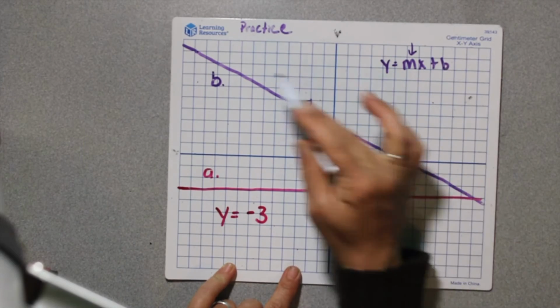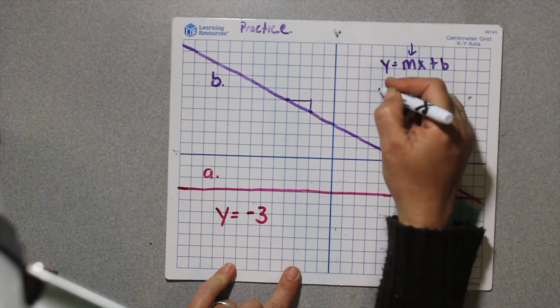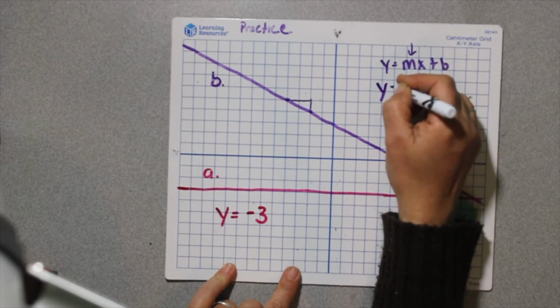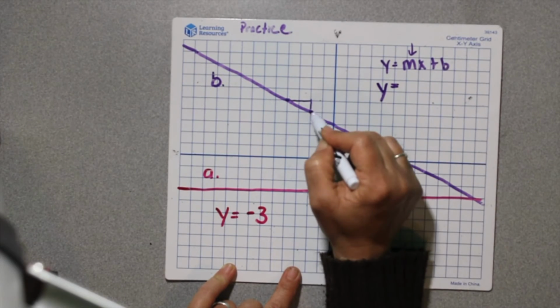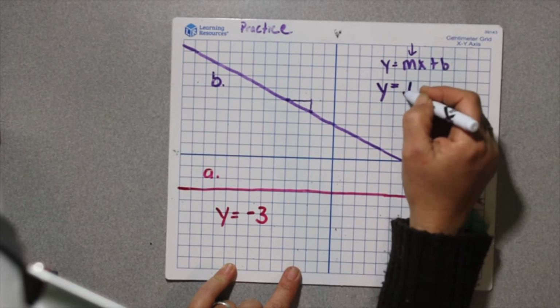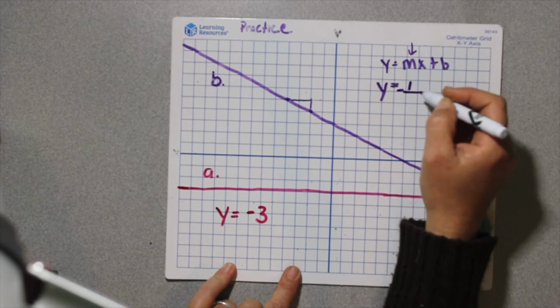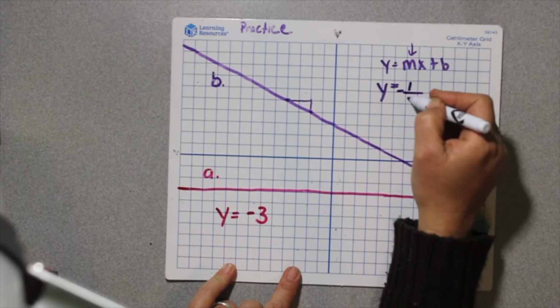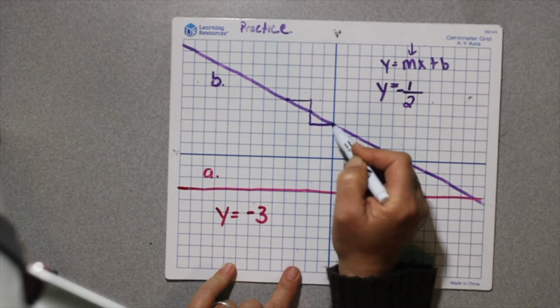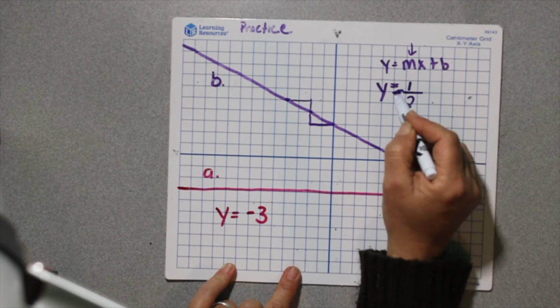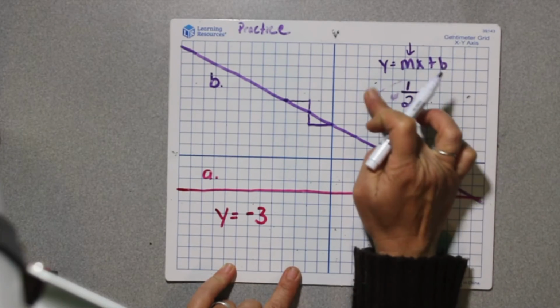And we can tell this is a negative slope because it's going downhill. So we're going to write y equals, and our slope is rise over run. So we went up 1, and it's negative, and backwards 2. Or we could say we went down 1, forwards 2. Either way is fine.